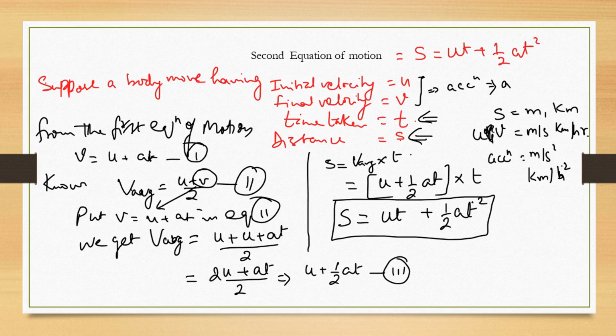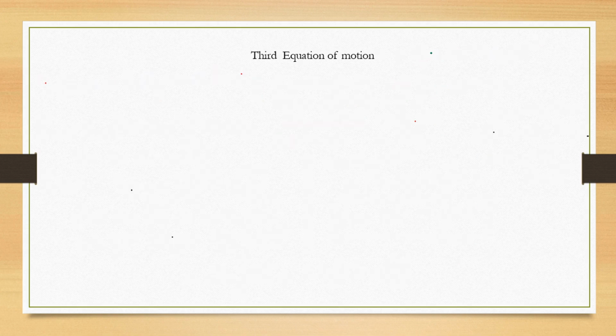ठीक है. Now let's move to the last, that is the third equation of motion. We have the third equation of motion as v square is equal to u square plus twice of as. This is derived from the first and the second equation. From the first equation we have v is equal to u plus at, whereas from the second equation we have s is equal to ut plus half at square.